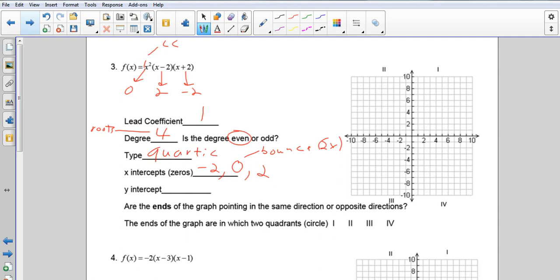Y-intercept, if we plug in a 0, we get 0 times negative 2 times positive 2. And 2 times negative 2 is negative 4, but once again, this 0 makes it be 0. So we have our y-intercept at 0, 0. We have our roots at negative 2 and positive 2.